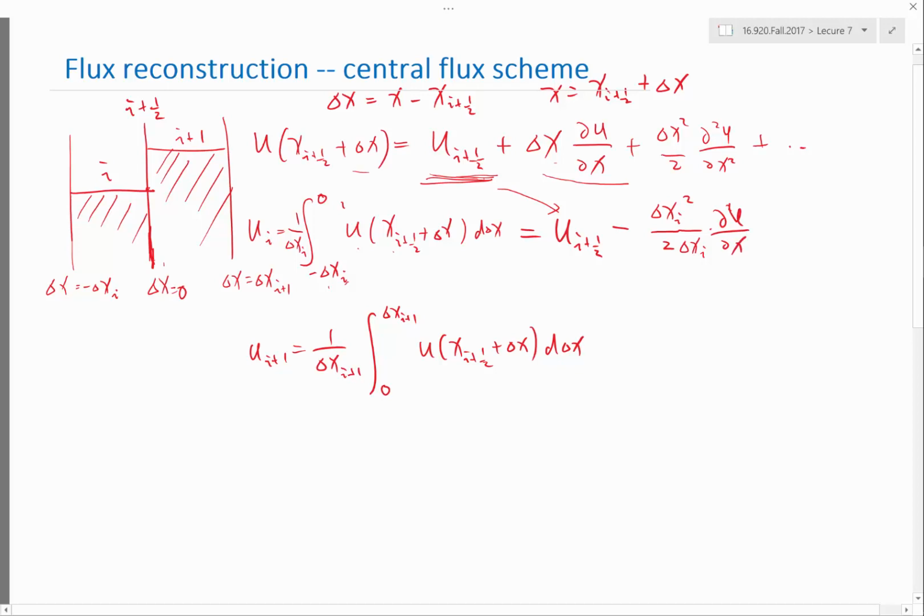This is from the linear term, right? I'm just integrating this linear function over a domain from minus delta xi to 0.